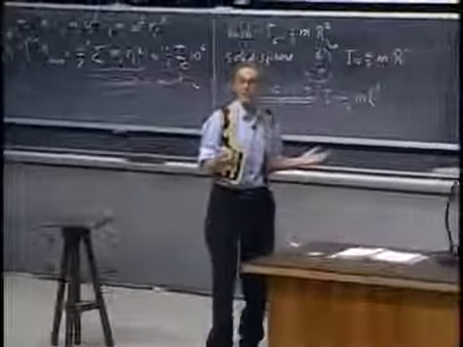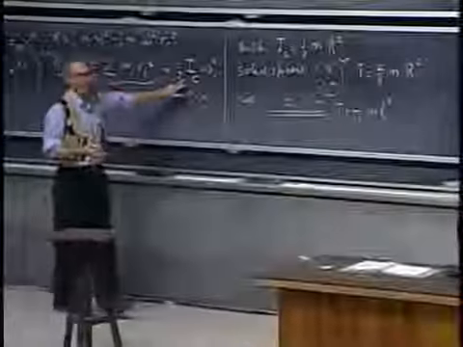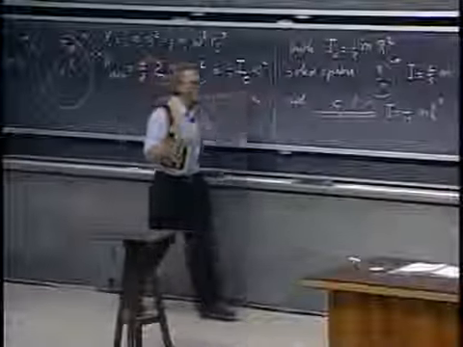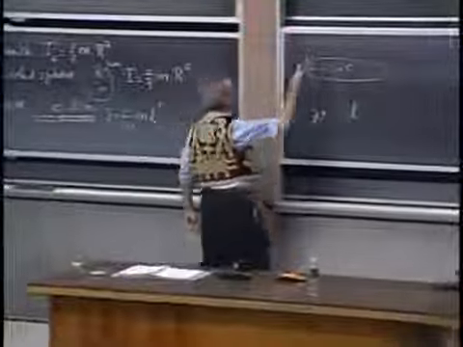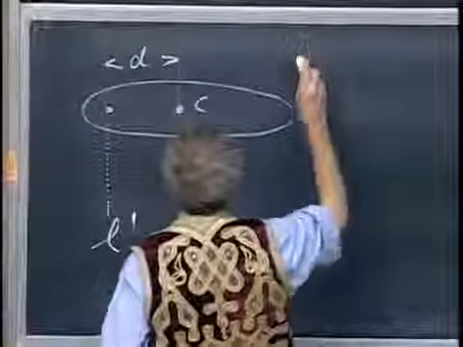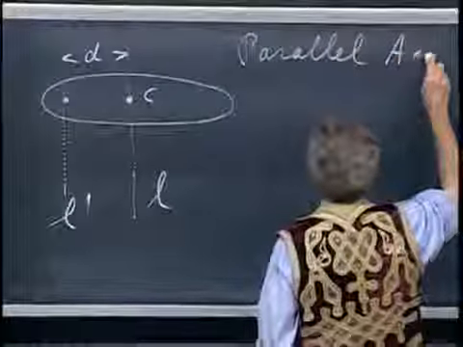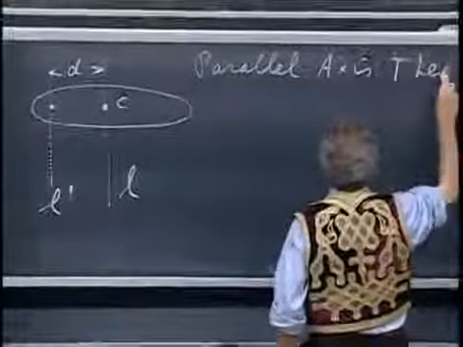What now is the moment of inertia? If I know the moment of inertia, then I know how much rotational kinetic energy there is. That's 1/2 I omega squared. And now there is a theorem which I will not prove, but it's very easy to prove, and that is called the parallel axis theorem.